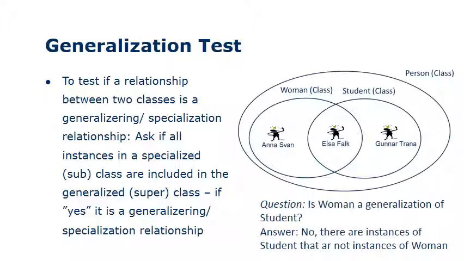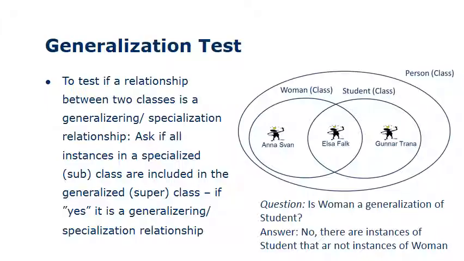In this case, the answer is yes. All instances of woman are also instances of person. And in the same way, all instances of student, Elsa Falk and Gunnar Trana, are also instances of the class person. So both woman and student are specializations of the more general class person.